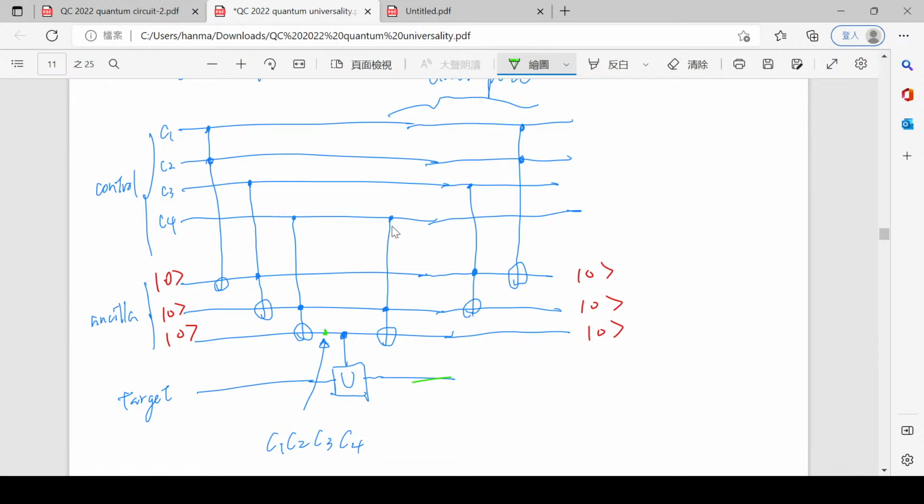So we once again apply this C4 and this thing and this and this. So you uncompute everything on the ancilla, so they will return to 0, 0, 0, whatever your control qubits and the target qubit are. Okay, think about this, and it should be easy to see that whatever your inputs are, even if your control and target are entangled, if you do this uncomputation, your ancilla should return to 0, 0, 0.